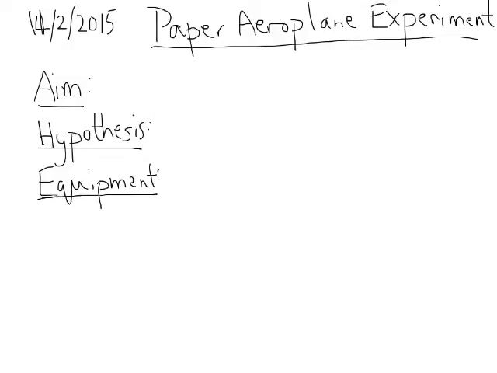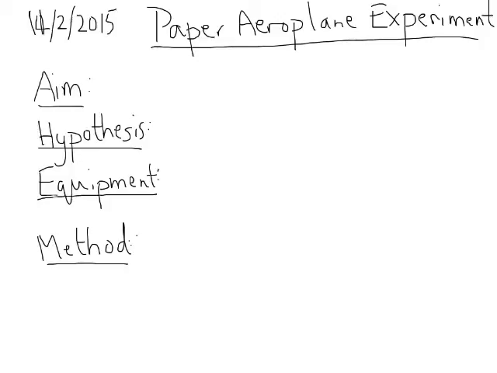After the equipment comes the method. In the method, we're looking for two things. We're looking for how you made your paper aeroplane, and then how you tested your paper aeroplane. In order to describe how you made your paper aeroplane, I'm thinking a really good way is by a series of diagrams.